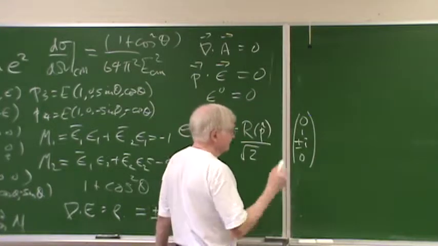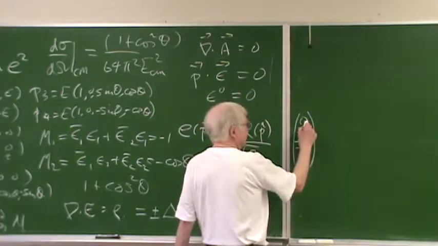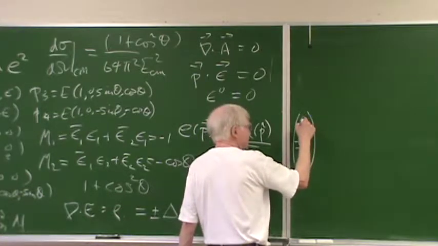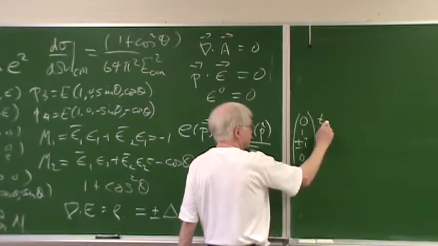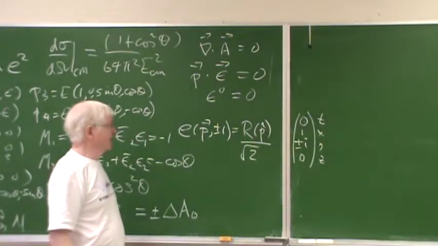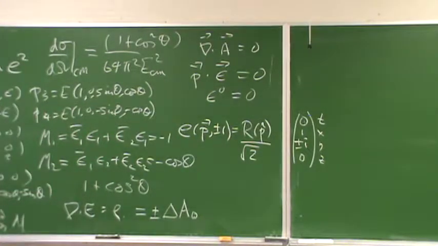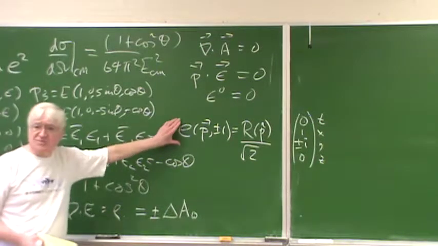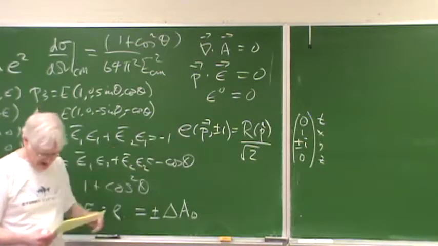All right, so we're thinking of this as the time, x, y, z. All right, so that's the picture. And plus is, I think, right circularly polarized, so the angular momentum is along the direction of motion. And so those are the 2 polarization vectors in the Coulomb gauge.